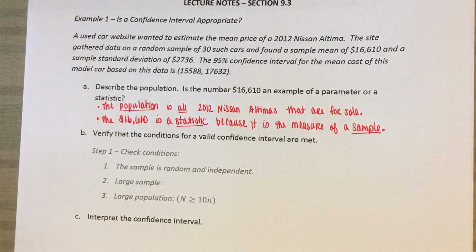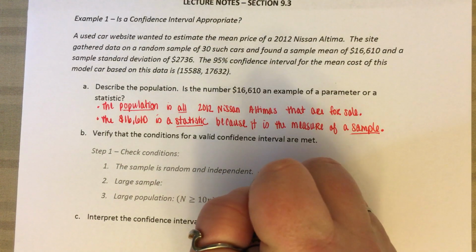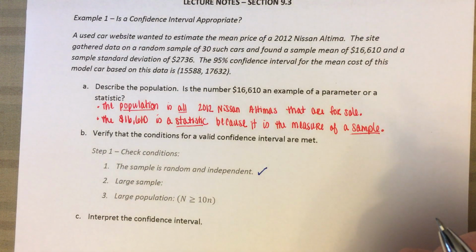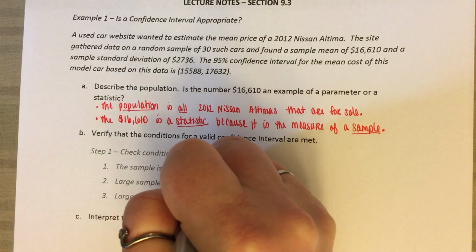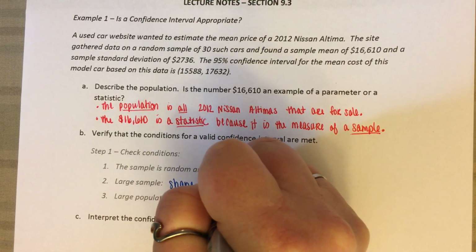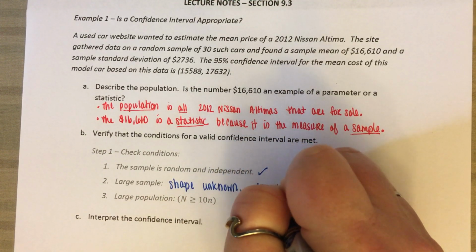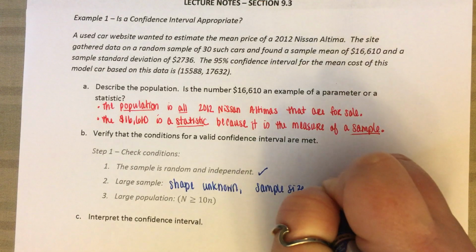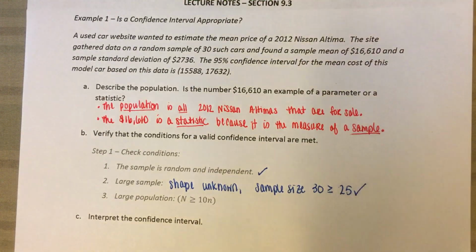Verify the conditions for a valid confidence interval are met. Our sample is random and independent; we are going to assume so. We have a random sample of 30 cars. We don't know our shape, but our sample size is 30, which is greater than or equal to 25.